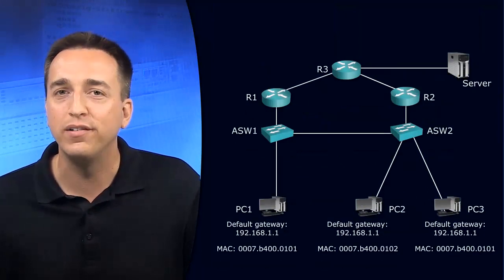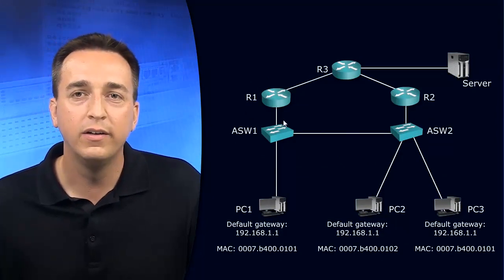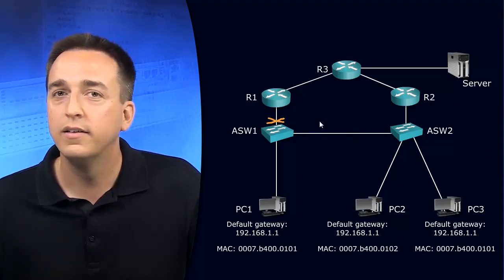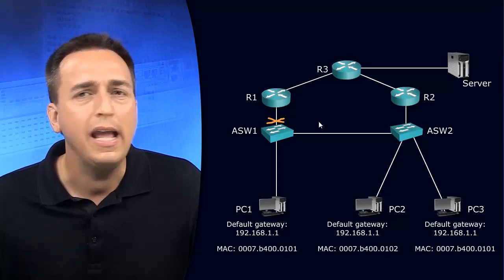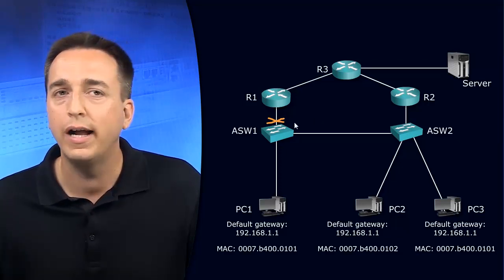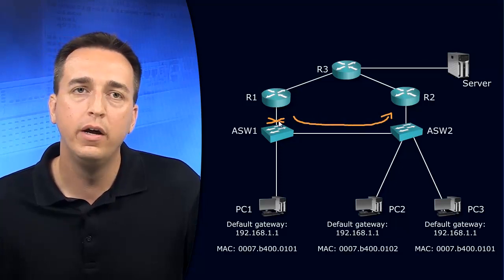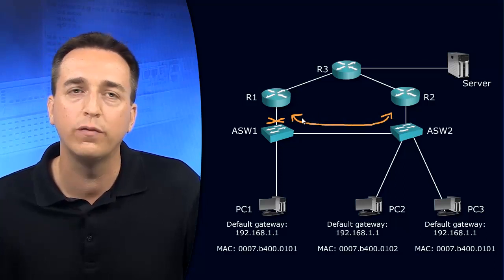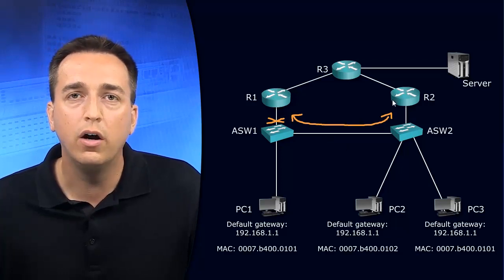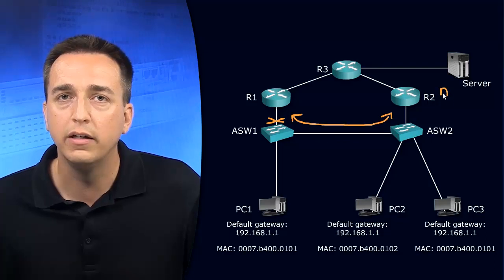But now what happens if we have a failure right here? What's going to happen? Does the AVG still exist? No, the hello packets no longer flow between R1 and R2. Since the hello packets no longer flow between R1 and R2, R2 has to promote itself as the AVG.